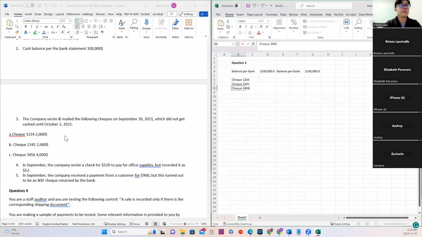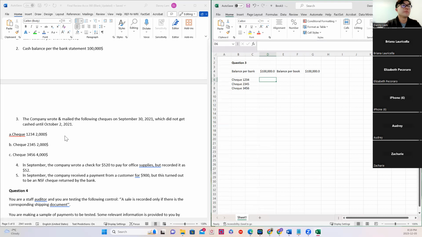Is it positive or negative? Negative. And how come? Because it's checks that were sent, but they weren't removed from the bank balance yet because they weren't cashed.